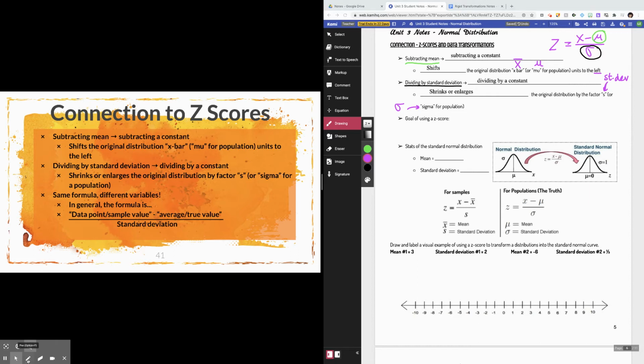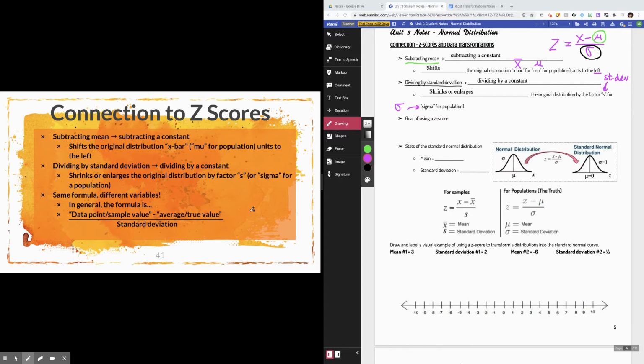So essentially, you're dealing with a lot of the same formulas when you're talking about a z-score, just plugging different values in. So you're literally converting an x value, a data point in a distribution that we don't know a lot about, to a z-score, which falls into a distribution that we do know a lot about.